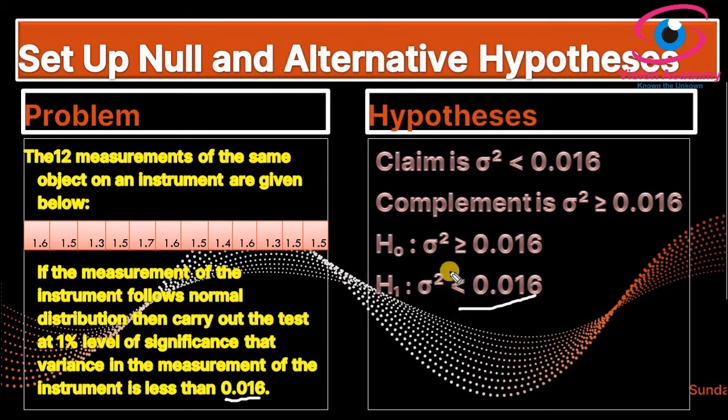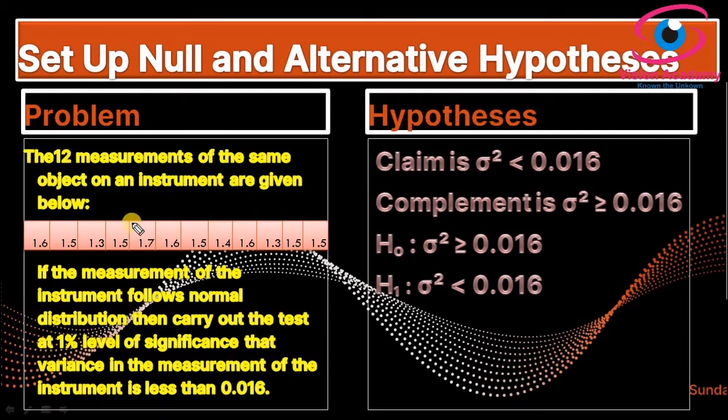And we have to concentrate on one more thing: our alternative hypothesis indicates a one-tailed test. So the rejection region falls on the left side of the chi-square sampling distribution, which indicates a lesser-than type alternative hypothesis, at 1% level of significance.